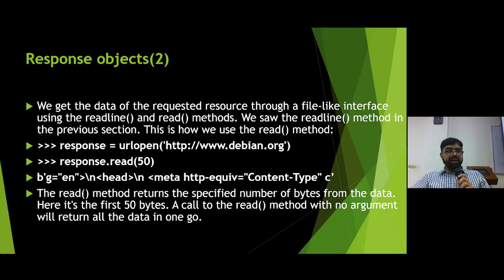We get the data of the requested resource through the file-like interface using the read and readline methods. We saw the readline method in the previous section. This is how the read method is used. Suppose we write 50, we will get this specific amount. The read method returns a specific number of bytes.